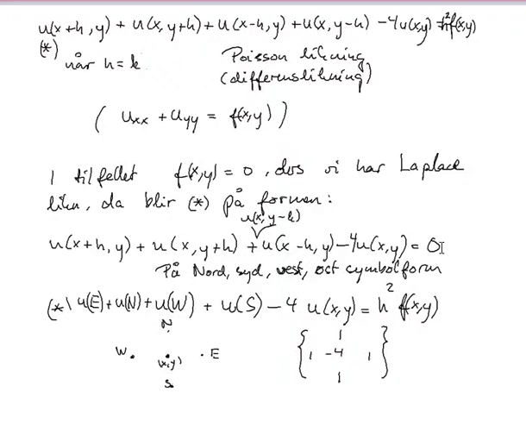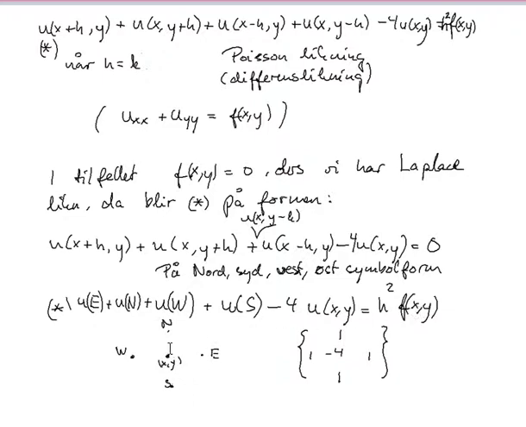So this should be equal to 0 for the Laplace equation, but for the Poisson equation it's h squared multiplied with this f. So doing this substitution, we get this equation.